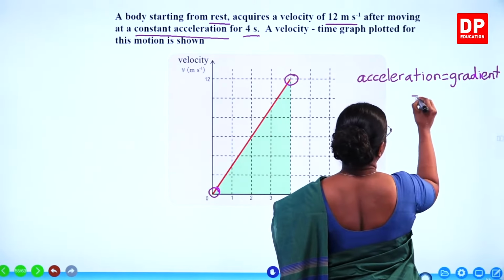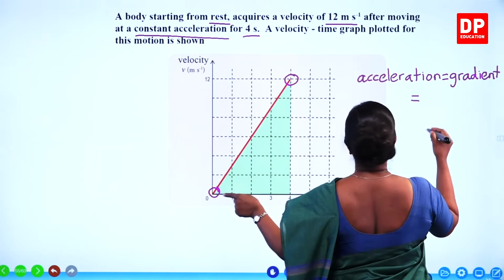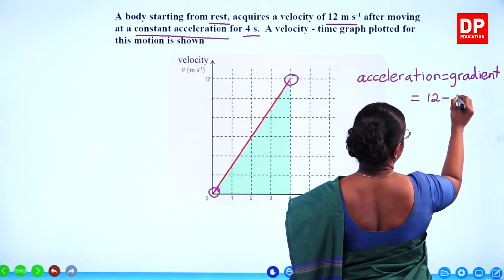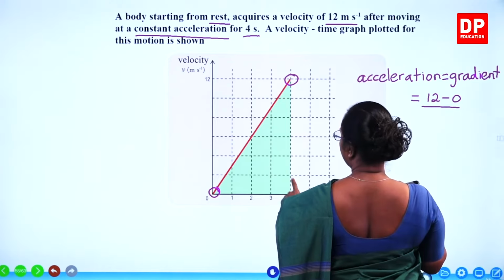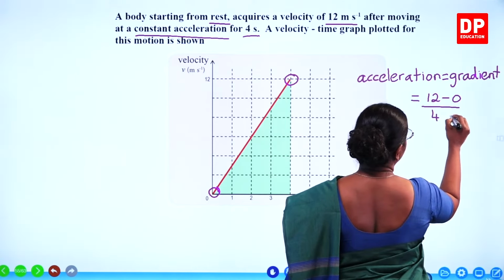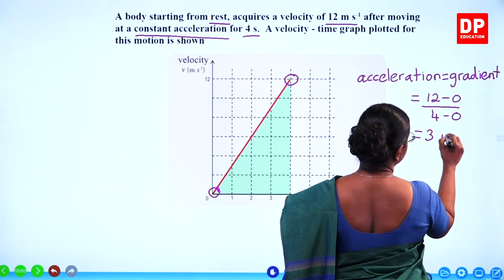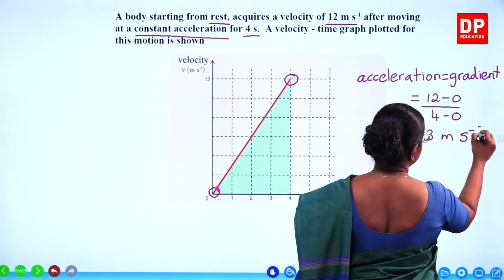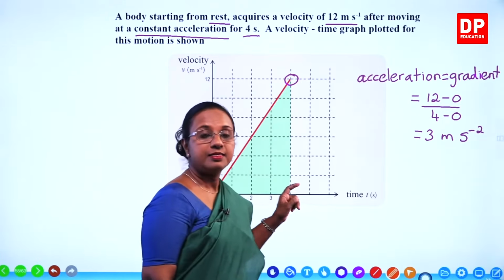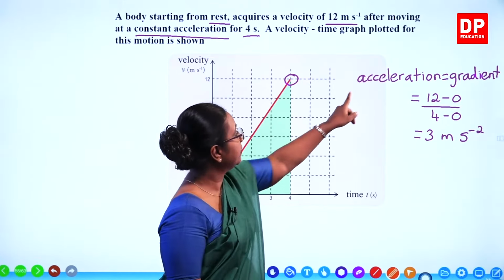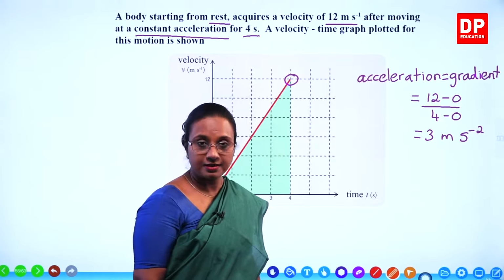So first we have the y coordinates 12 minus 0 and the x coordinates 4 minus 0. So we will get the value as 3 meters per second squared. That will be the gradient which is equal to the acceleration.